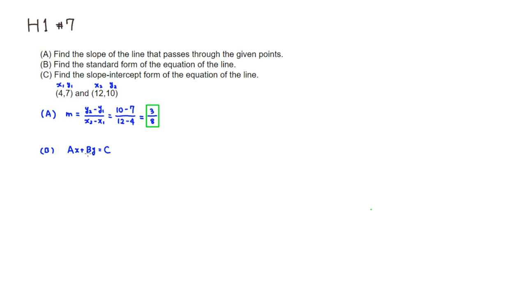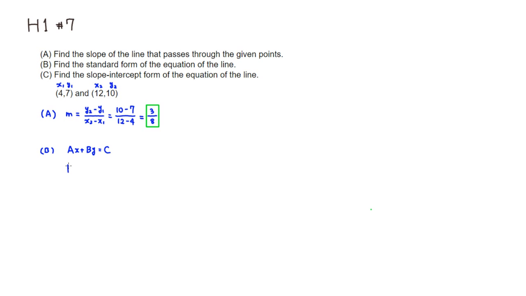So we want the equation in this form. But since we already have a slope m and a couple of points, let's use the point-slope form to come up with the equation, then rewrite it in standard form.